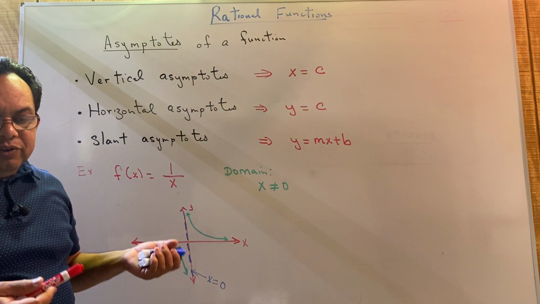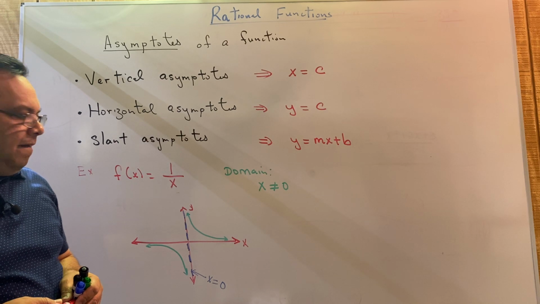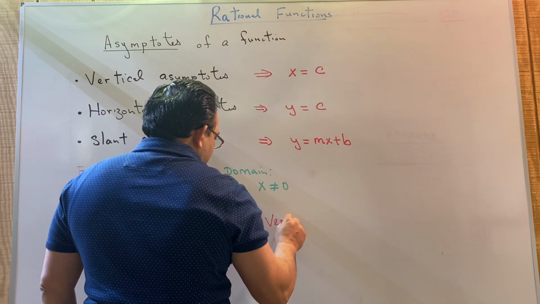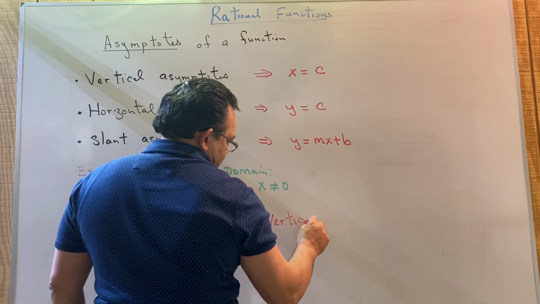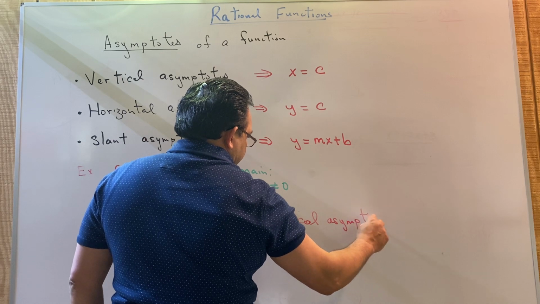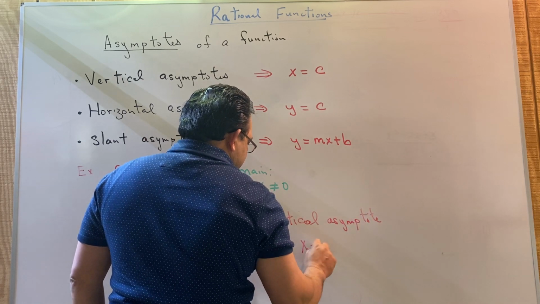If you have two excluded values, you will have two vertical asymptotes. So the vertical asymptote here is the line x equals 0.